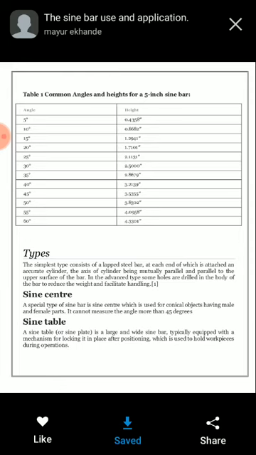In the advanced type, some holes are drilled in the body of the bar to reduce the weight and facilitate handling. Sine center: a special type of sine bar, used for conical objects having male and female parts. It cannot measure angles of more than 45 degrees.